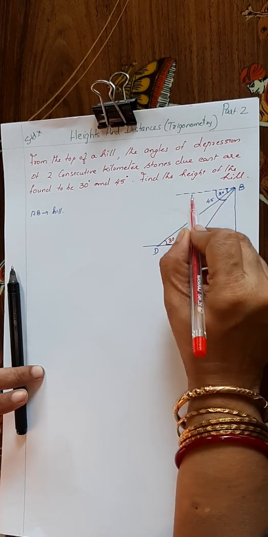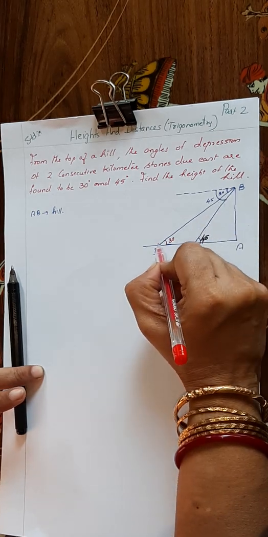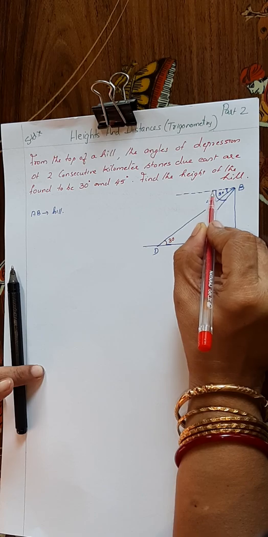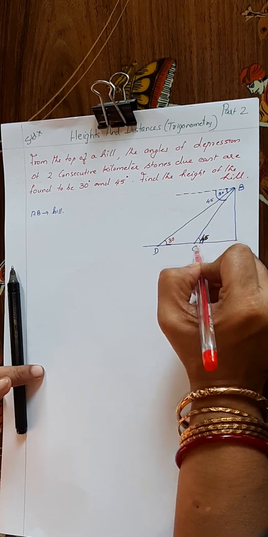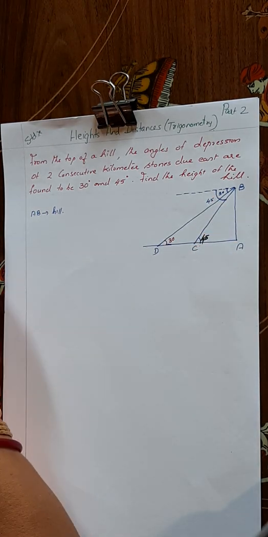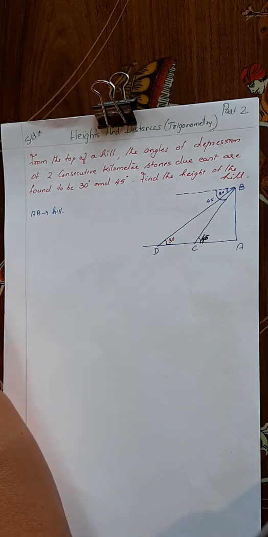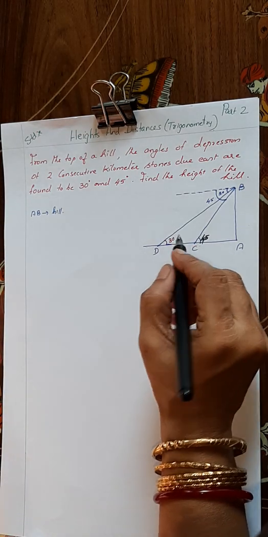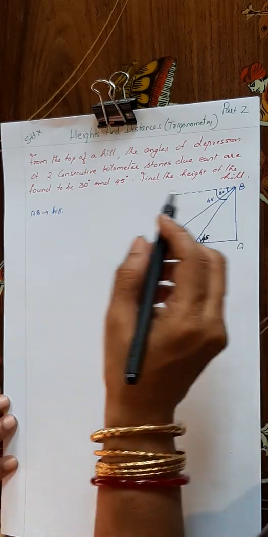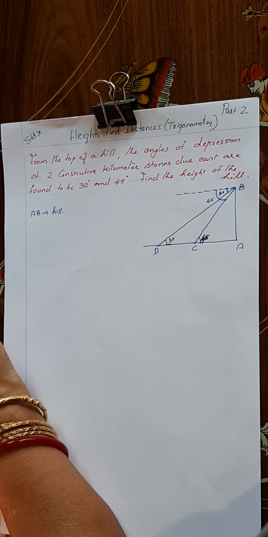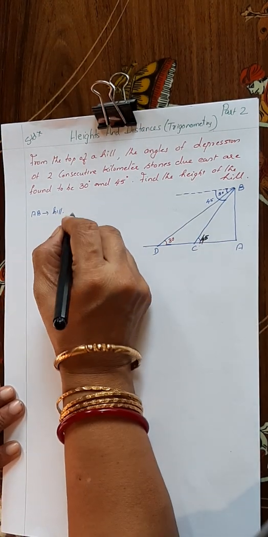So this Z, you have to see this Z. Similarly with this, so this is 45 degrees. So you have to be very careful in writing the angles. And now we have to find the height of the hill.